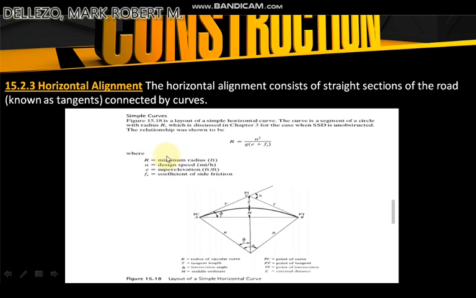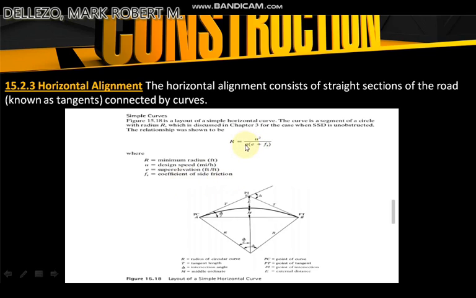So R is the minimum radius in feet, u is the design speed in miles per hour, e is the superelevation in feet per foot, and fs is the coefficient of side friction, and g is gravity.